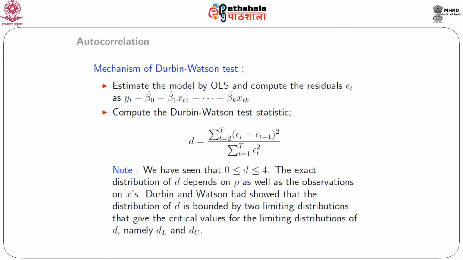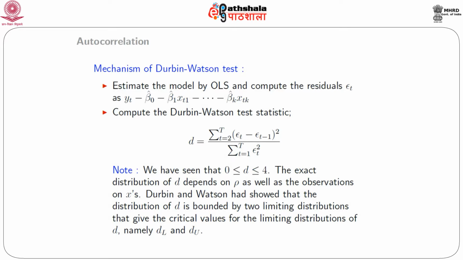Now, let me walk you through the mechanism of the Durbin-Watson test. There are several steps involved in this process. Let us look at them in detail. The first step involved in the Durbin-Watson test is to estimate the model by OLS, or the ordinary least squares method, and obtain the estimates of the parameters.